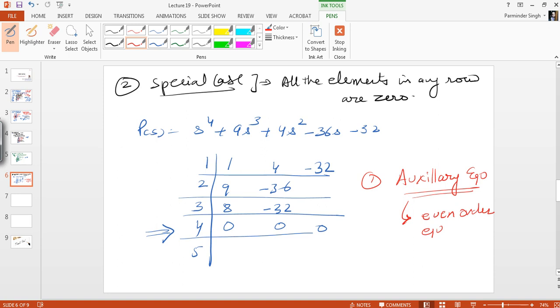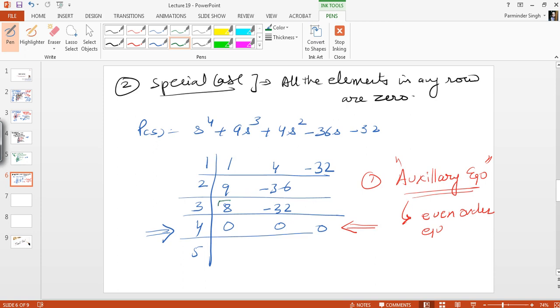I again repeat, we prepare the auxiliary equation from the row just before the row having zeros. Now suppose the fourth row has zeros. Clear?